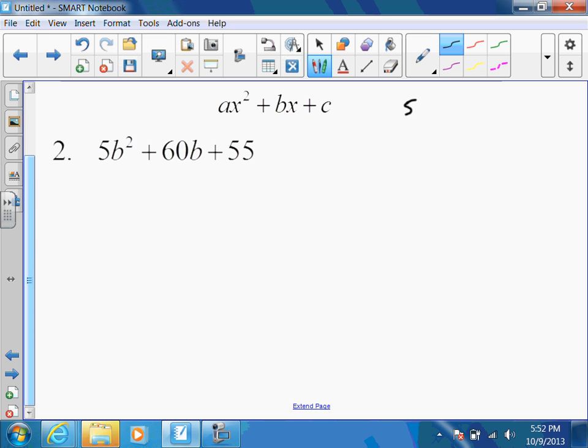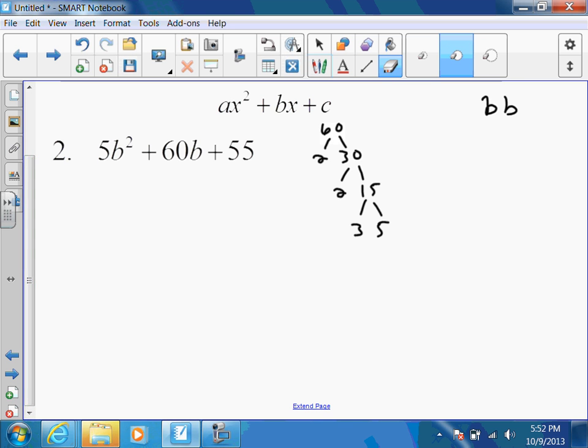Now let's tree 60. I have 2, 2, 3, 5. And now I need to tree 55.